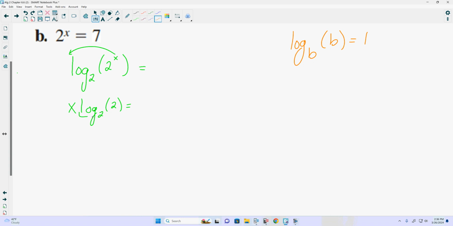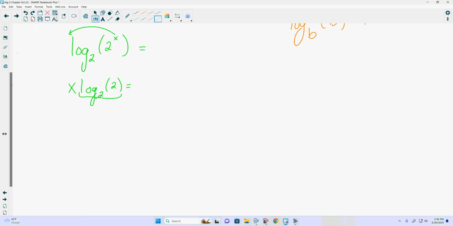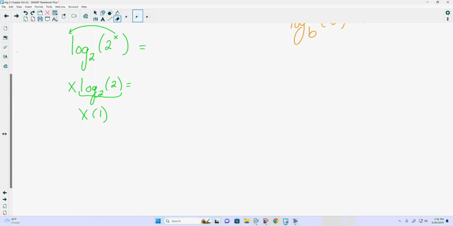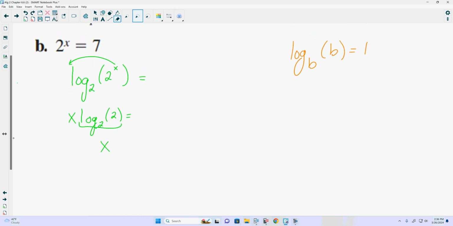So it's telling us this right here is just 1. Well, what is x times 1? X. So we could just say that this is just x. And really the reason we chose log base 2 was so that our log base 2 of 2 would simplify to 1, giving us our x.